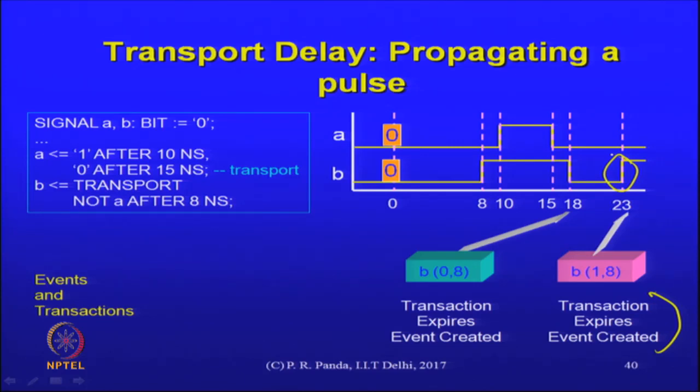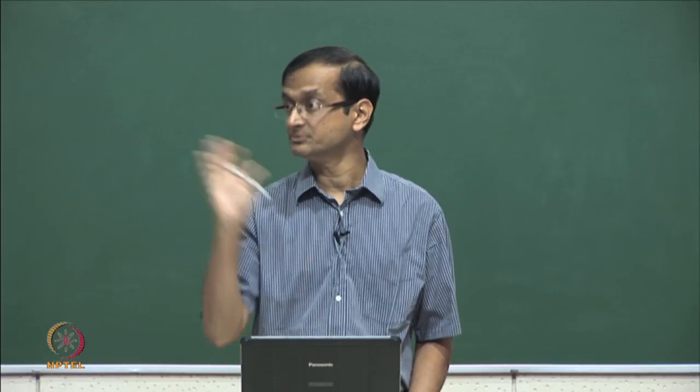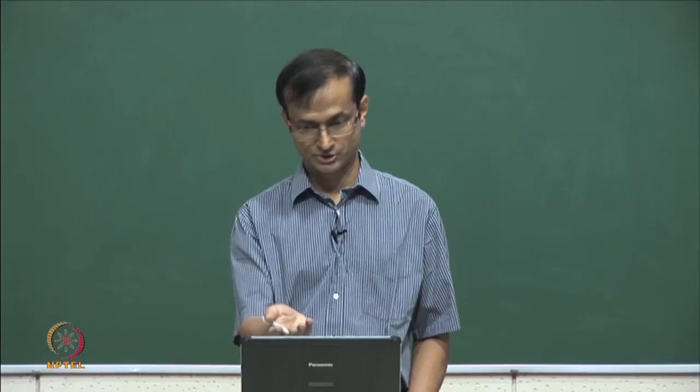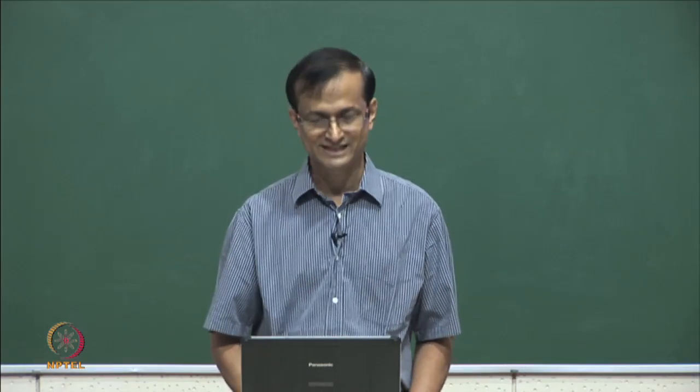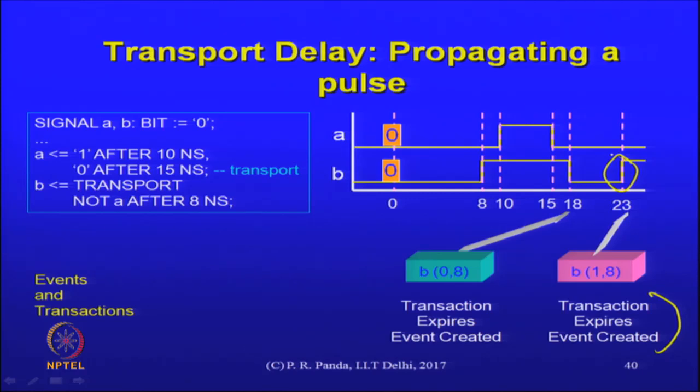It is like an infinite loop in which the status of that event queue continues to change depending on what events are occurring. So, the moment an event occurs, maybe it triggers a bunch of statements. Each of those statements that event would sensitize possibly, those are all executed, and as a result of the execution, new transactions may be posted at different times in the future, depending on what those after clauses were, whether it is 10 or 15 or 8 and so on.